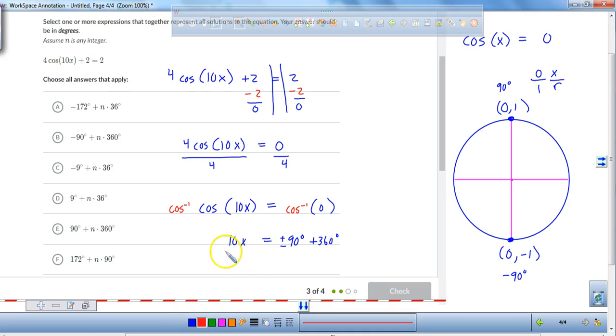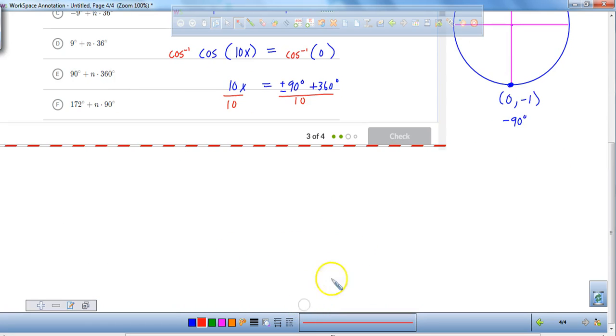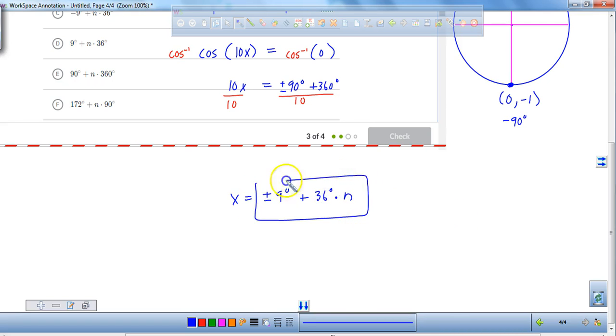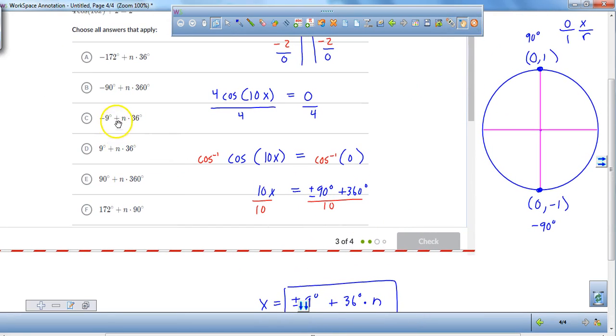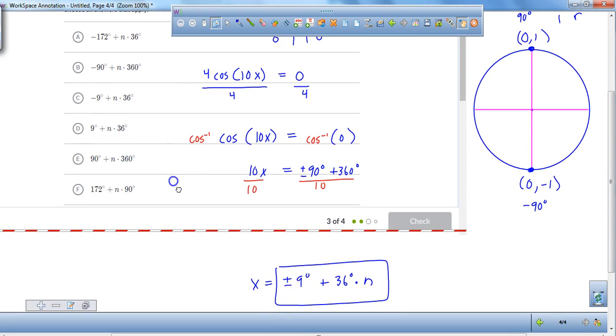But then when we divide everything by 10, our final answer will be x equals plus or minus 9 degrees plus, now 360 divided by 10 is 36 degrees, times n, and that'll do the plus or the minus. So I'm going to choose answer choice C and D.